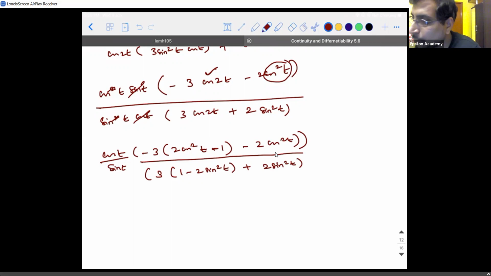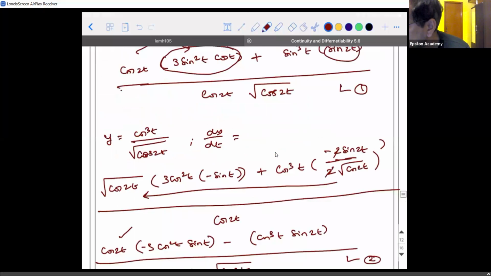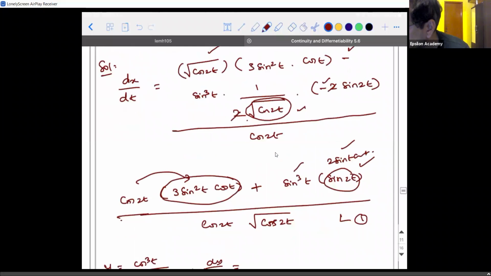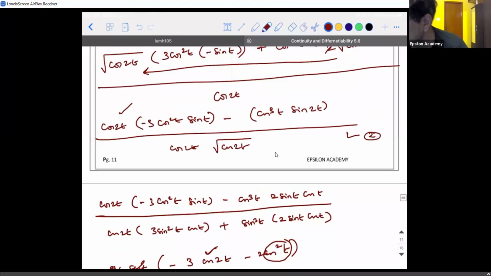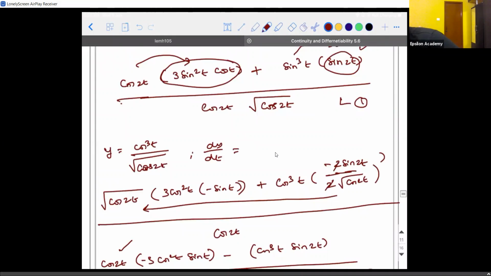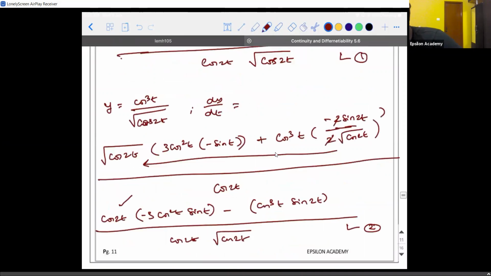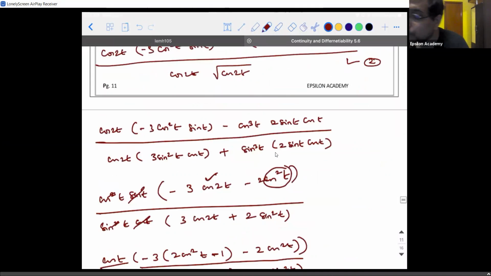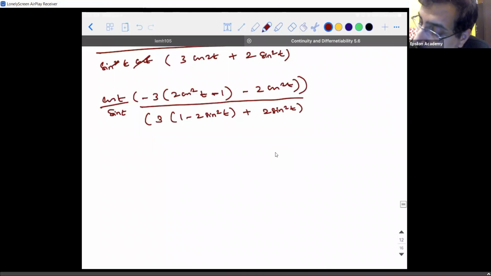If I'm not wrong, there is some mistake in the numerator. 1 minute. Space is very small and the problem is very big. Minus cos cube t into this thing, right? So let's check.